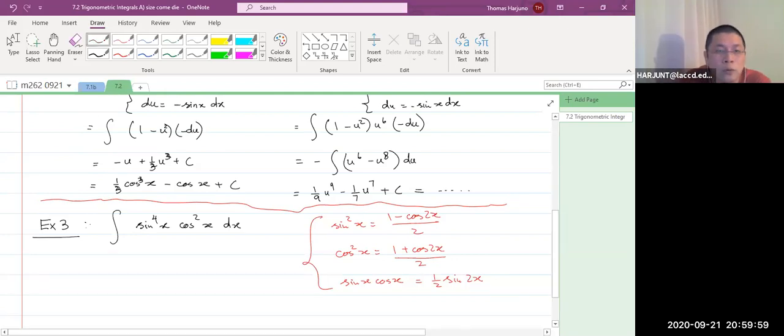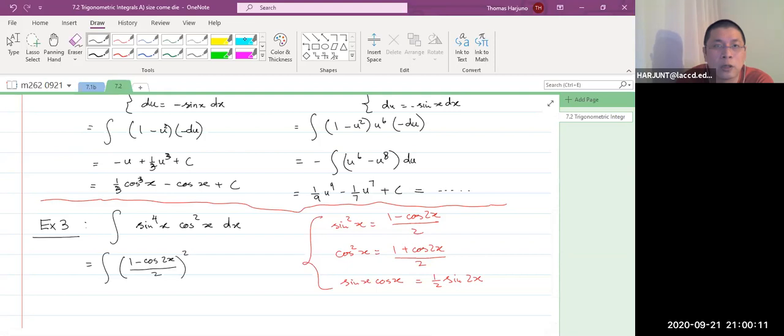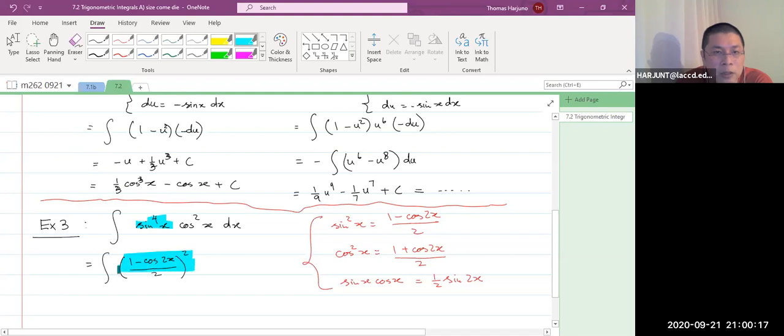So for this guy, for example, I will redo this as 1 minus cosine 2x over 2, being squared. As for the sine to the 4th x, yeah, the guy inside the parentheses is sine squared, so I squared it again.